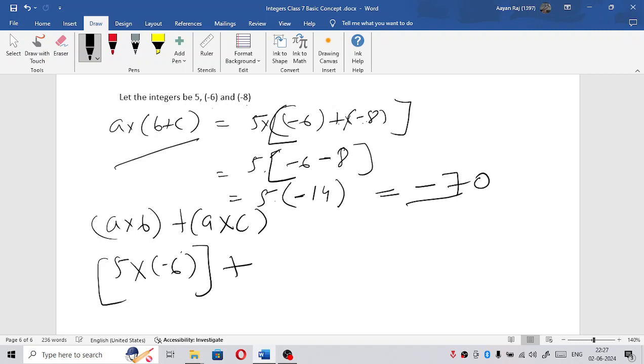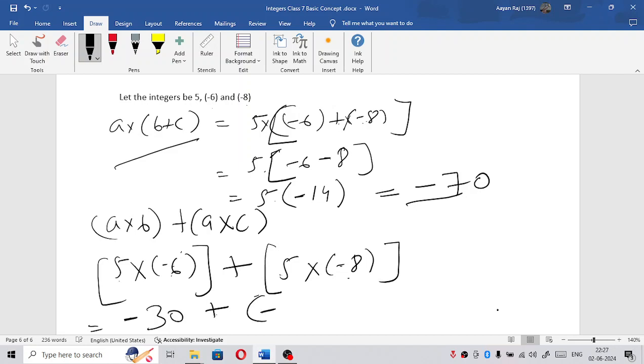We will put the plus sign, and a is again 5 and c is minus 8. So let's solve the RHS. Minus 6 into 5 gives 30, with a minus sign, and plus, you have to put this plus sign. Here it is minus 30 plus minus, and then 8 fives are 40.